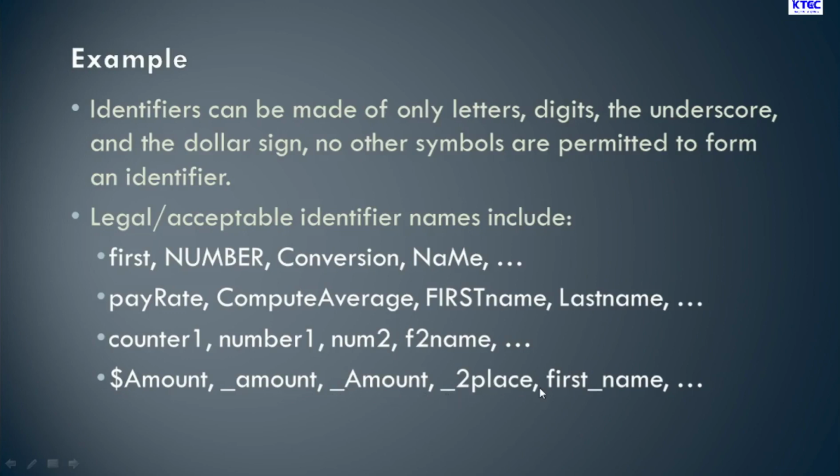Underscore two place is allowed because there is an underscore before the number. First underscore name, you don't leave space between them. So basically, these are the valid, acceptable identifiers. You can name your identifier combining the two symbols with numbers and letters, but they should be meaningful, like we said.